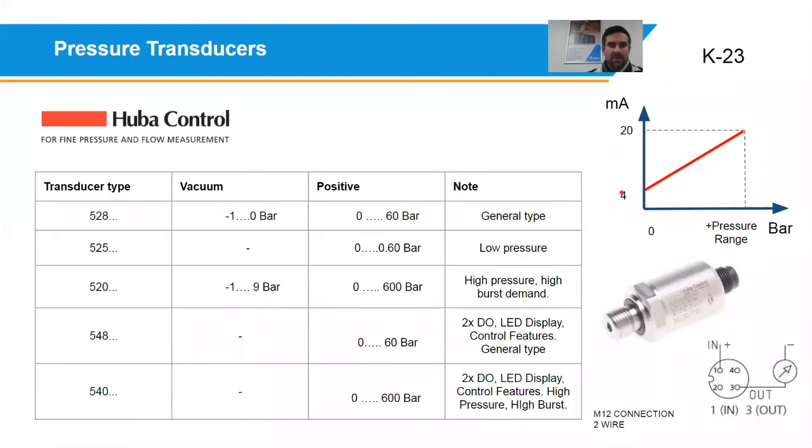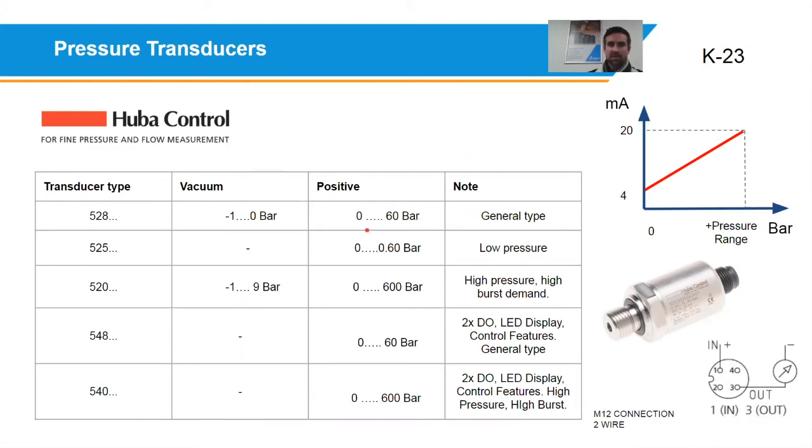One of my favorites must be constant pressure control. Using our Huba 510 or 511 type transducers in conjunction with the variable speed drives, we can form a closed loop pressure control. We've got a number of transducers that we offer and stock. General purpose 0 to 1 or 0 to 60 bar for your general type applications.